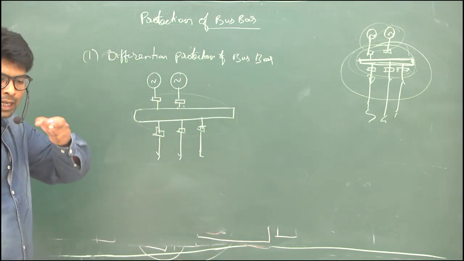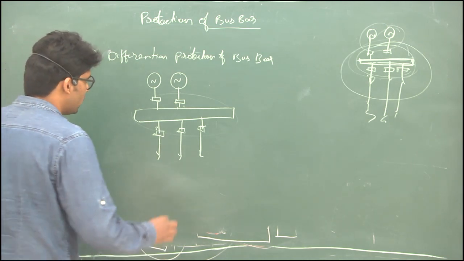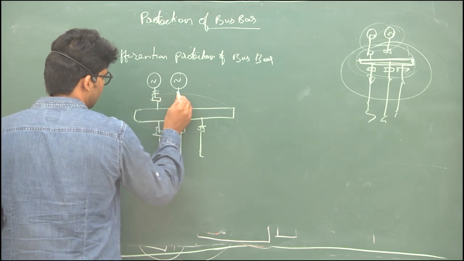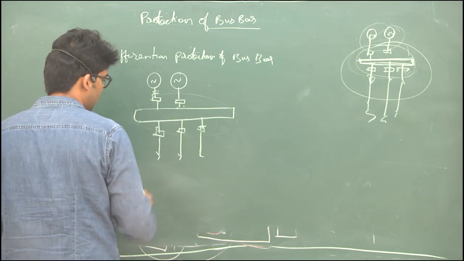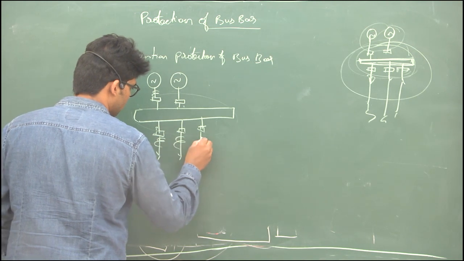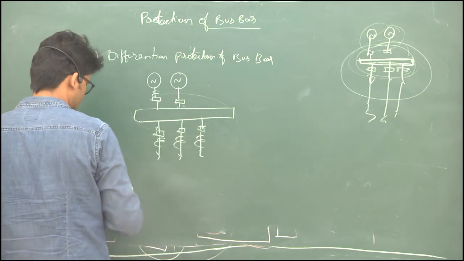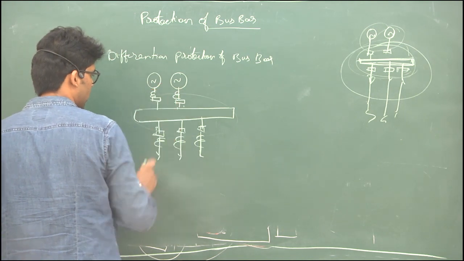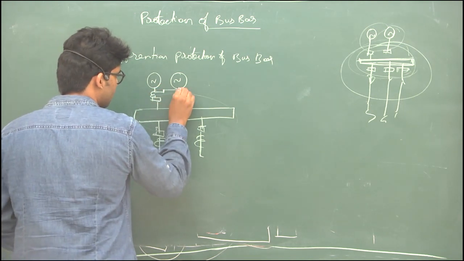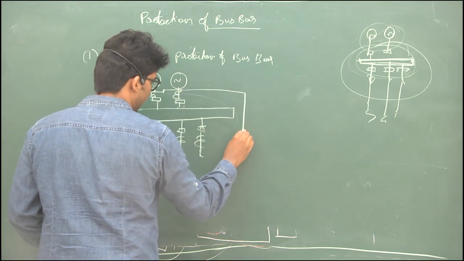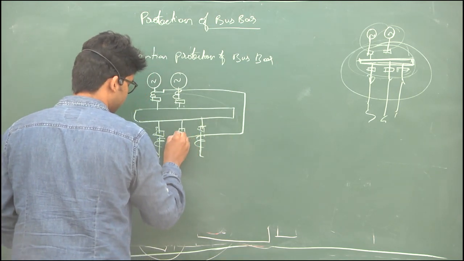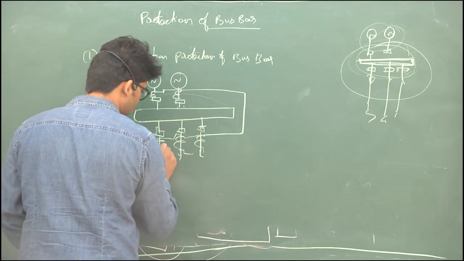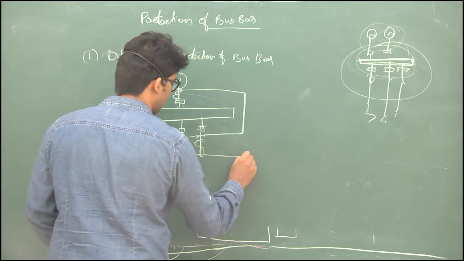In this scheme of protection we use the CT configuration. That is, we place the CTs in such a manner as to find the fault. We connect the CTs in series, and we connect the outer thing.